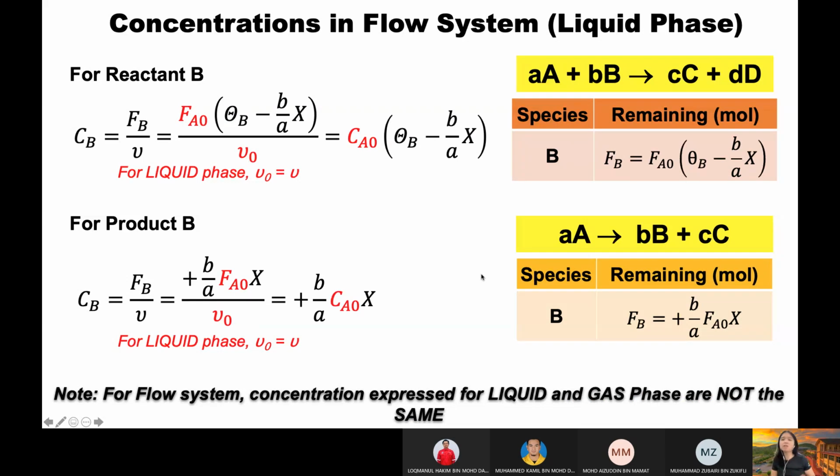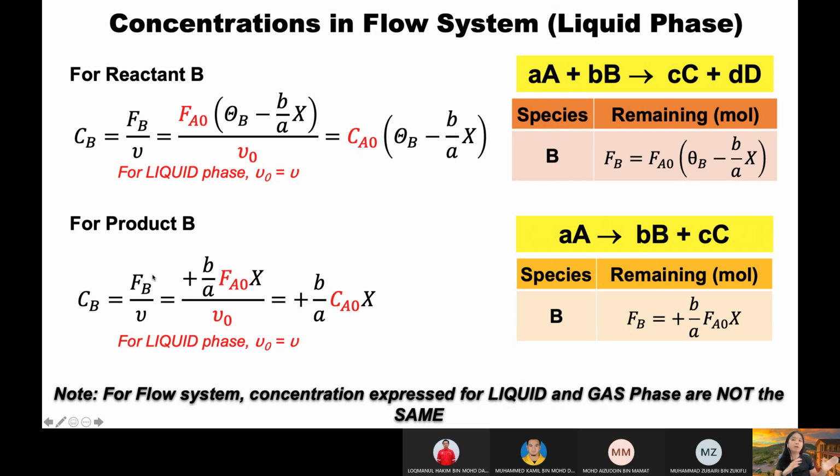Okay. Now we do for B. So pemahaman dia sama je. Kita guna table, kita dapat information tu, kita guna untuk elucidate the concentration. So concentration of B pula, it depends. Adakah in your reaction B is a reactant or in your case the B is a product? Dia dah berlainan. Kenapa?